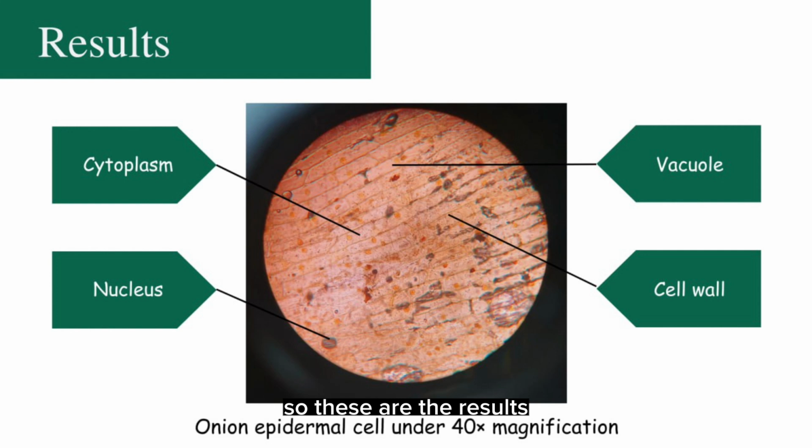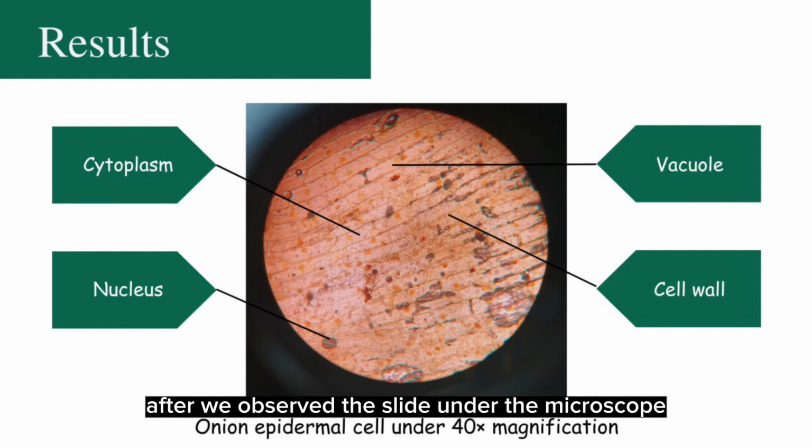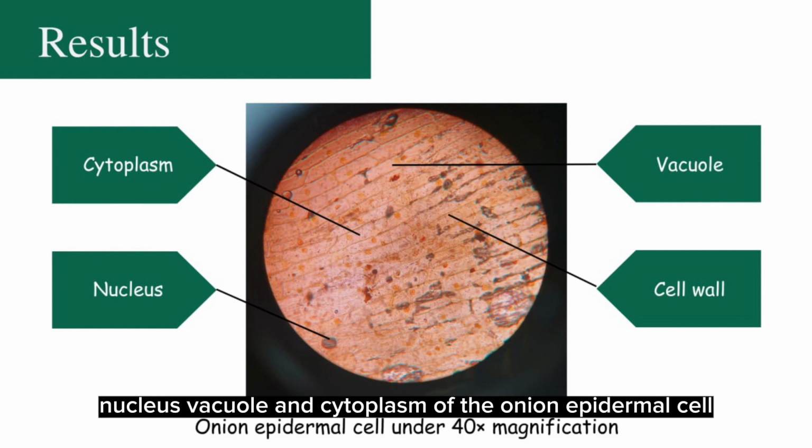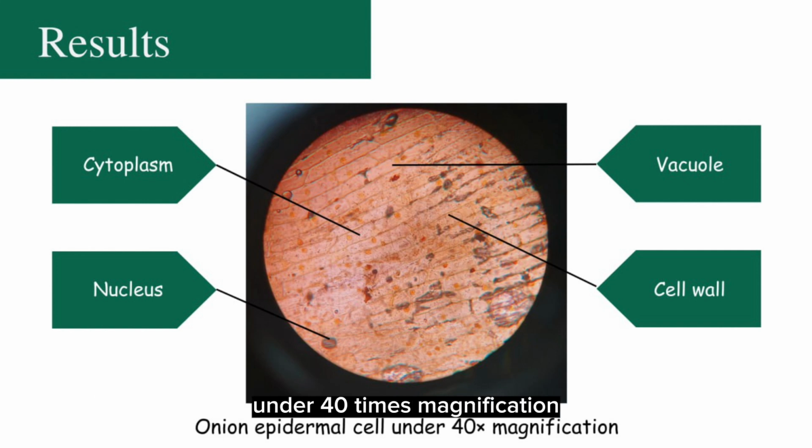So these are the results after we observe the slide under the microscope, so we can identify the cell wall, nucleus, vacuole, and cytoplasm of the onion epidermal cell under 40 times magnification.